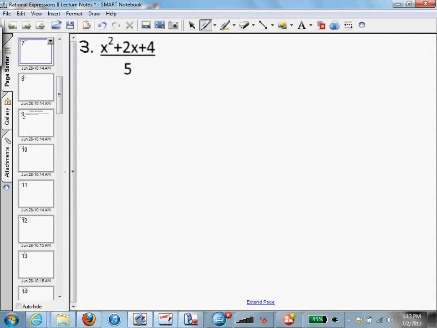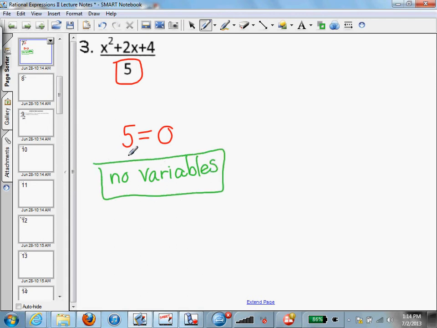Okay, looking at the next example, we have the rational expression x squared plus 2x plus 4 all over 5. What you do is capture the denominator and set it equal to 0. What you need to realize is that there are no variables. So we have to look at the statement: does 5 ever equal 0?